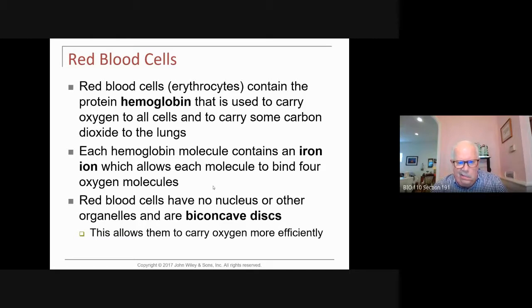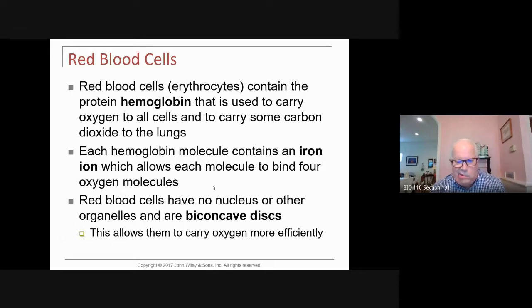That iron allows each molecule to bind to 4 oxygen molecules. So when I ask a question on exam number 1, what mineral is involved in the carrying of oxygen in the body? The answer is iron. Okay?